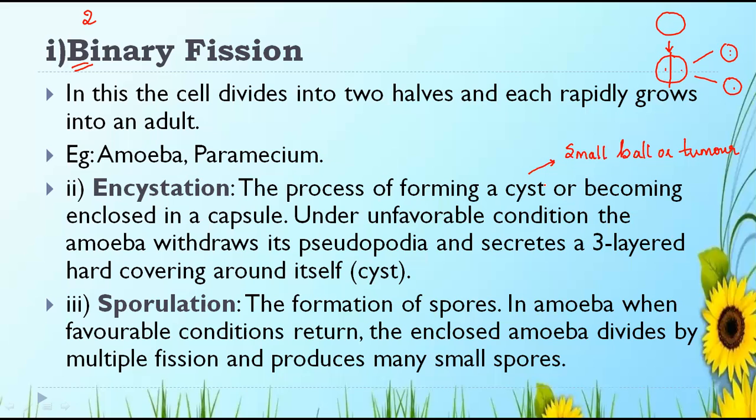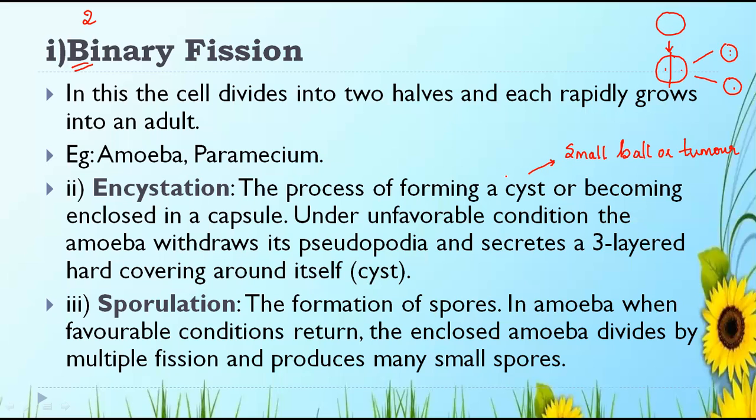If they are not treated, they might form into dangerous tumors, but cysts are nothing but small balls or a mass which you find in your body as well. The same way here as well.